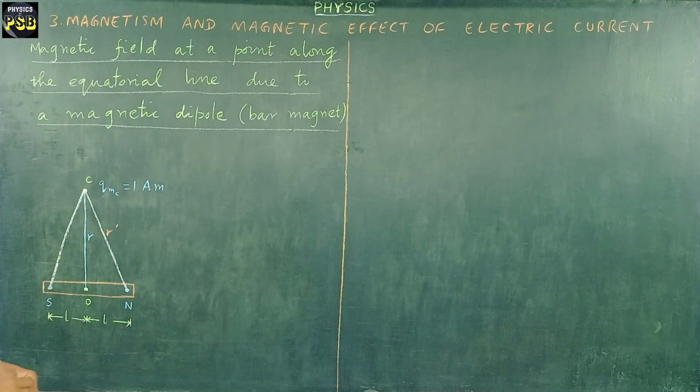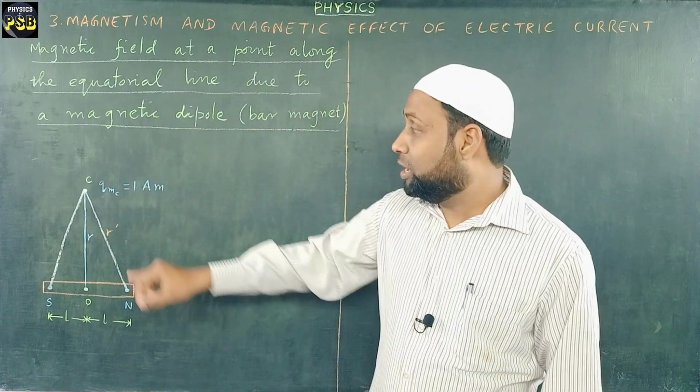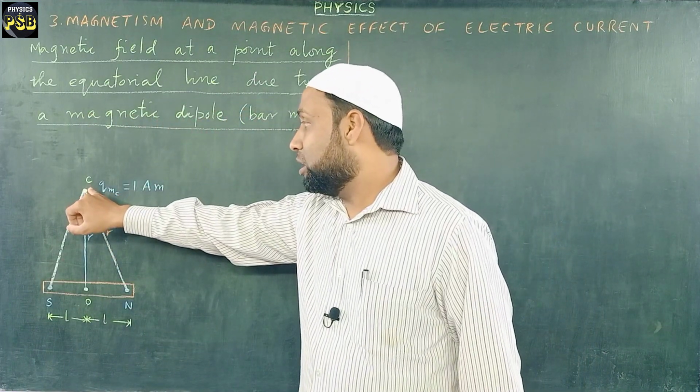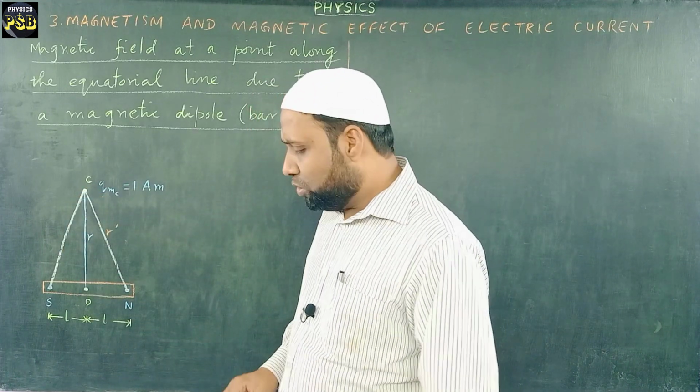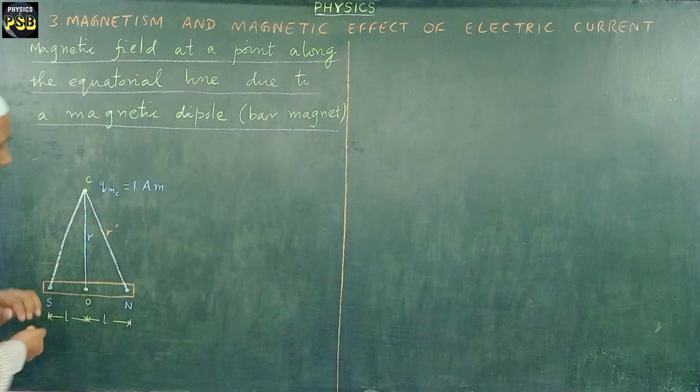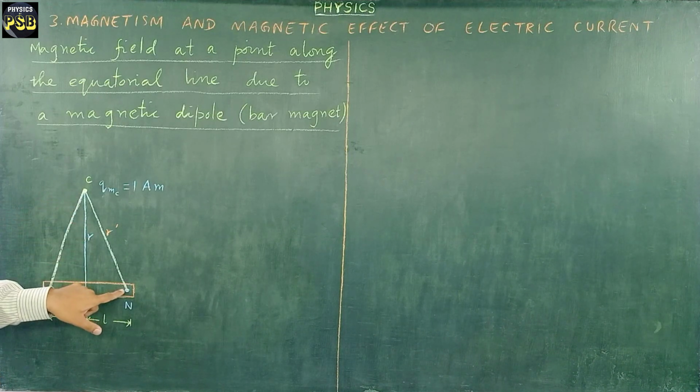So it means I have placed a unit magnetic north pole at point C. If it is so, we know whenever same poles are brought close to each other, they repel. So this unit north pole will repel the north pole of the magnet.